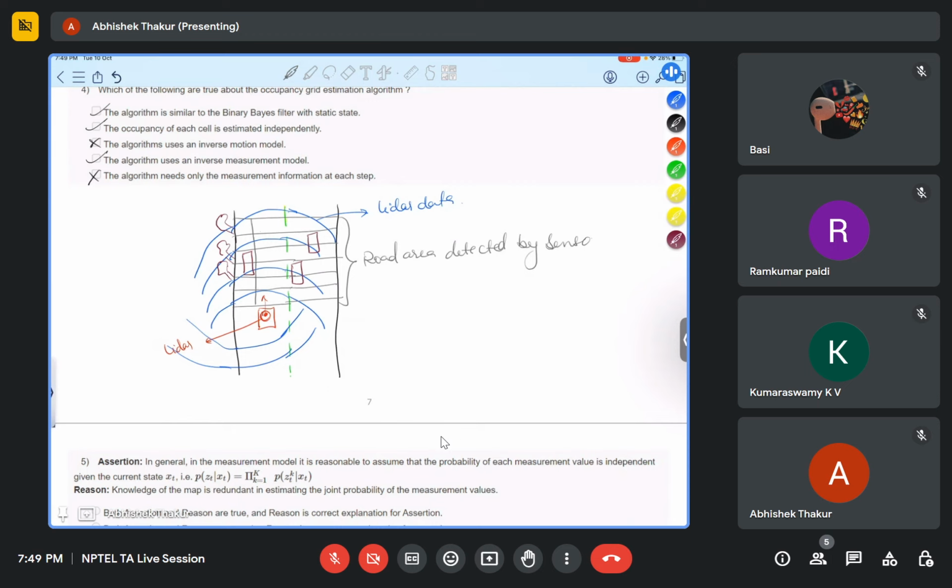Now we have divided this into small grids. Now if we have to navigate, let's suppose our predetermined path was like this. Let's take an obstacle here also.